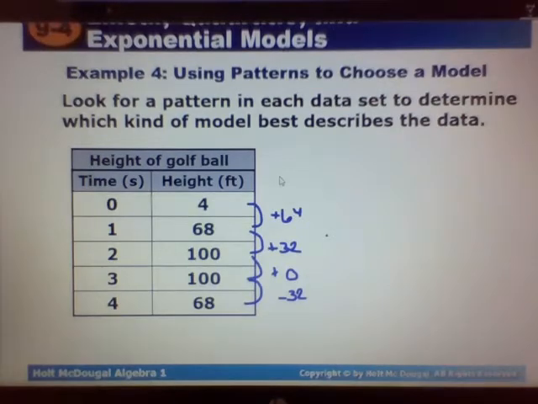So that's what we call our first differences. And so notice that our first differences are not the same. And so we can then determine that it is not linear. Again, we already determined it's not exponential because there's nothing that multiplies. So we're going to say that as well, not exponential.